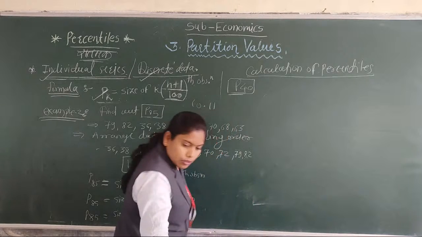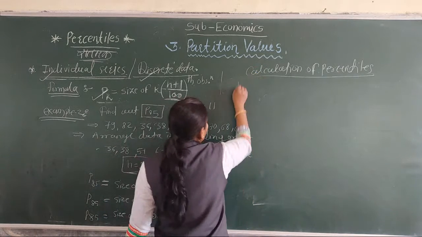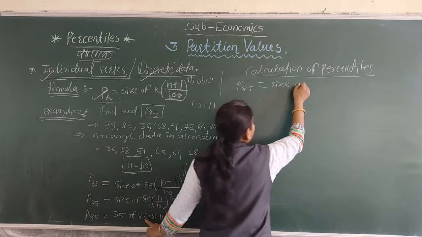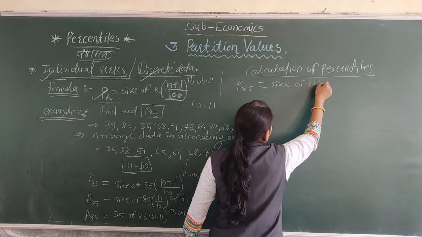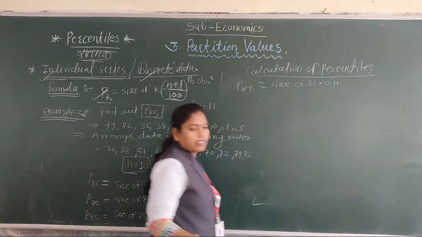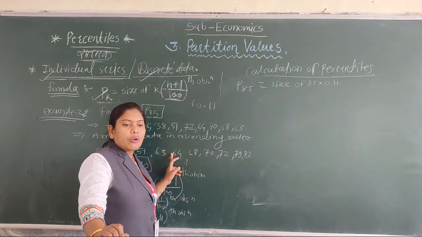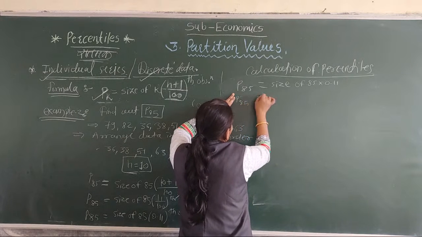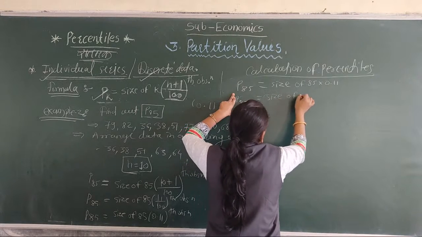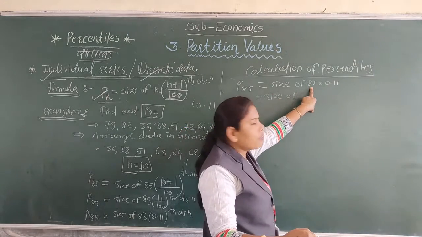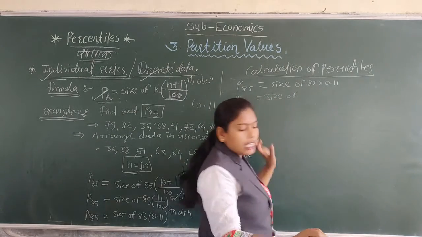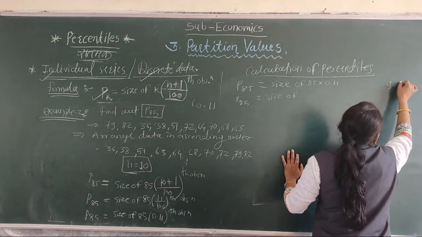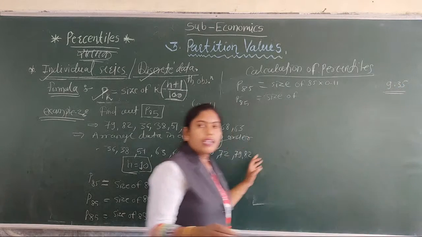Then next step is P85 is equal to size of, P85 multiplied by 0.11. 85 multiplied by 0.11, and its value is, most important, the answer is equal to 9.35.